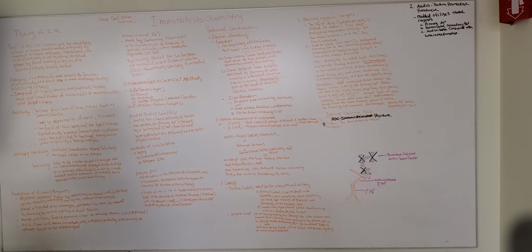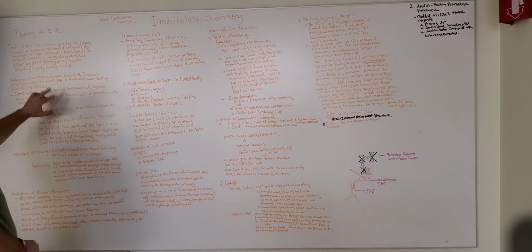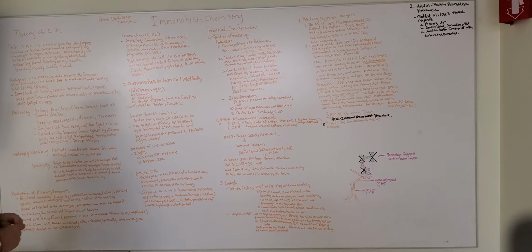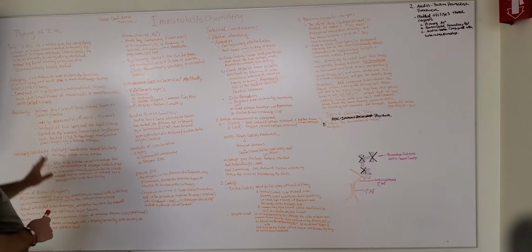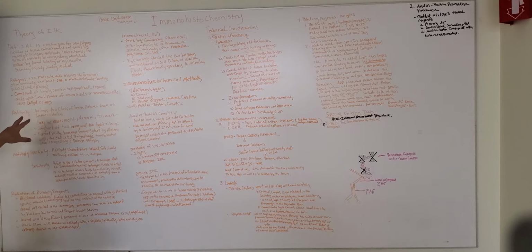Okay? All right, antigens. It's a molecule that induces the formation of an antibody and bears one or more antibody binding sites called epitopes. Okay? Composed of highly specific topographical regions made up of small numbers of amino acids or monosaccharide units, again, these are called epitopes.